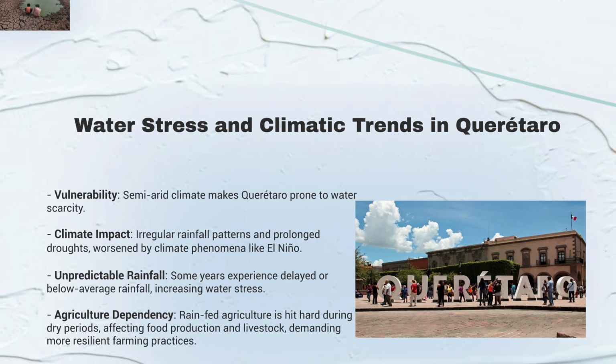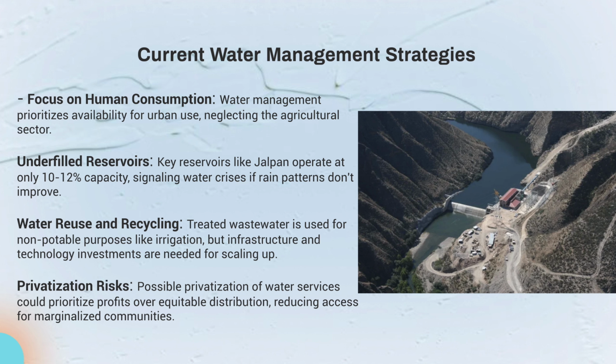Water management strategies in Querétaro prioritize human consumption, which, while essential, also puts heavy strain on agriculture. Dams such as Jalpan are operating at just 10 to 12% of their capacity, signaling a critical situation unless rainfall improves. To mitigate this, local authorities have started utilizing treated wastewater for irrigation and livestock.